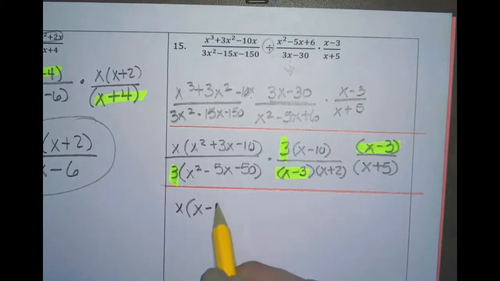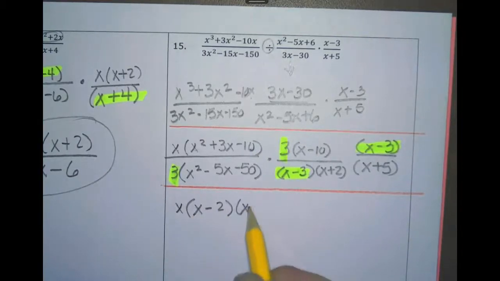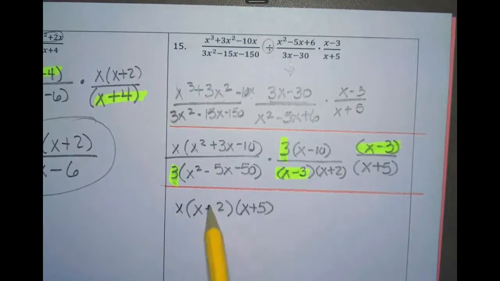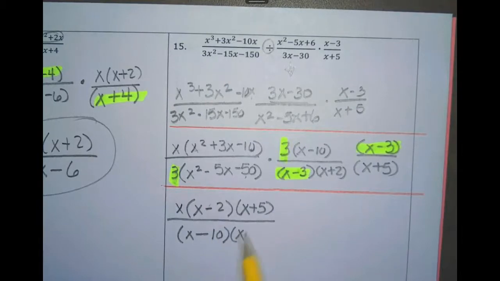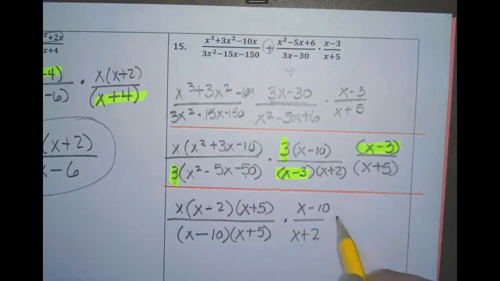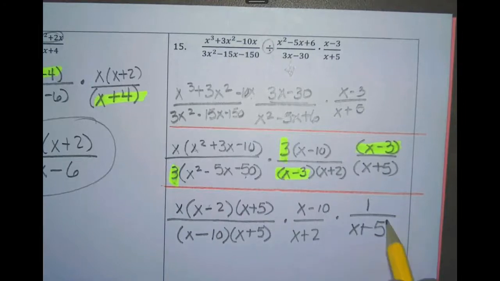This will factor into x minus 2, x plus 5. The factors of 50 are 5 and 10. That canceled out. I have an x minus 10, an x plus 2. That canceled out, and I have an x plus 5.